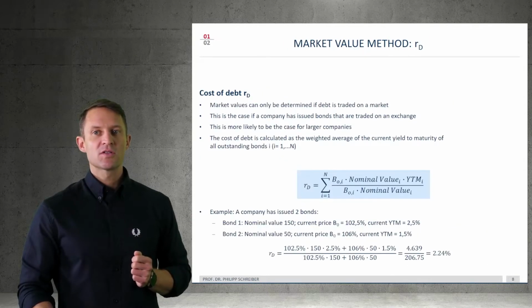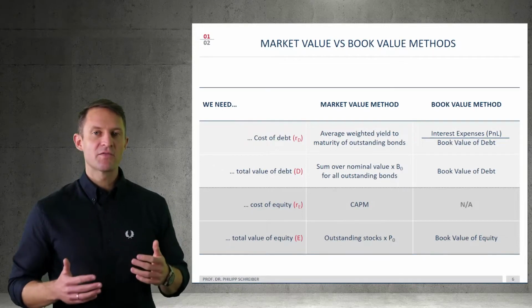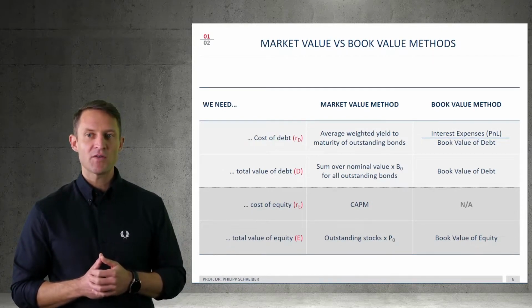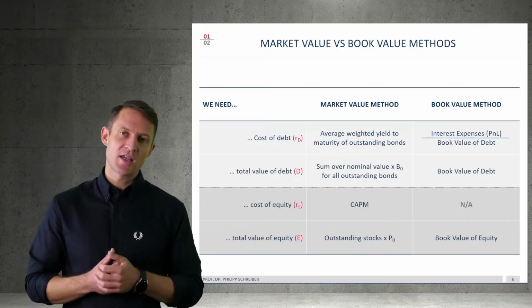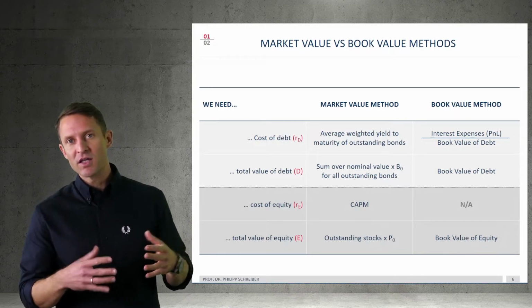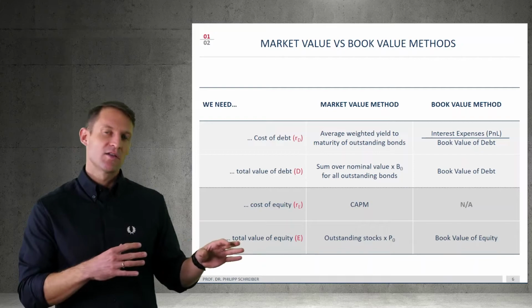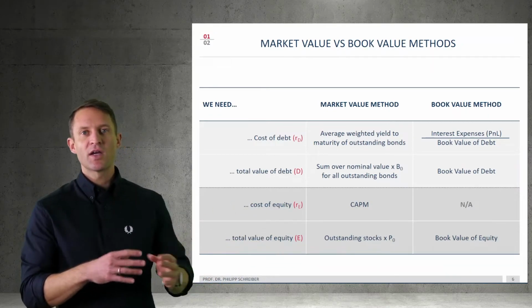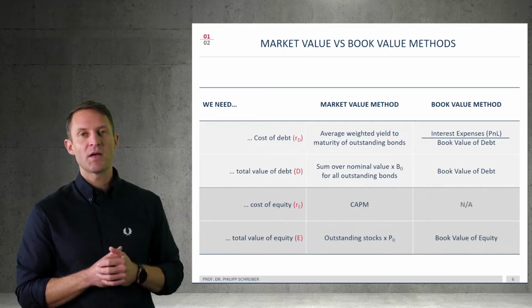Okay, let's go back to the overview. What about book values of equity and cost of equity? For cost of equity, there is no book value. There you have to use the CAPM. You can calculate the beta based on different measures, not only stock prices. We didn't do this because it's beyond this class, but you can look up betas in databases such as New York University's database.